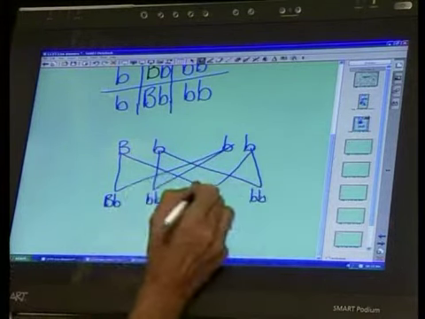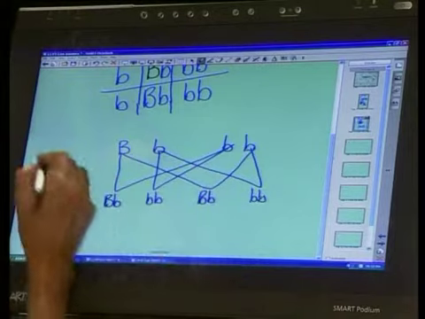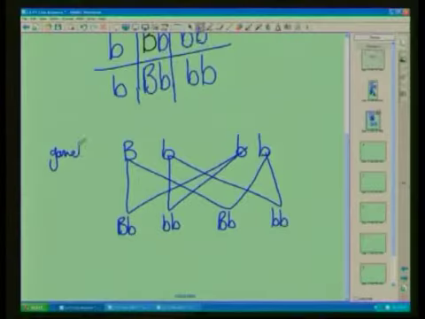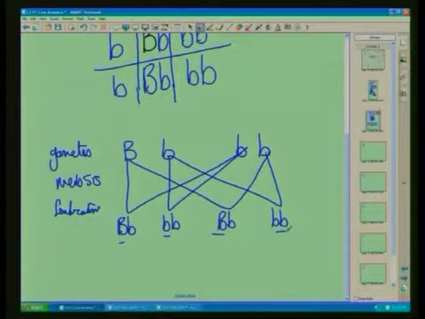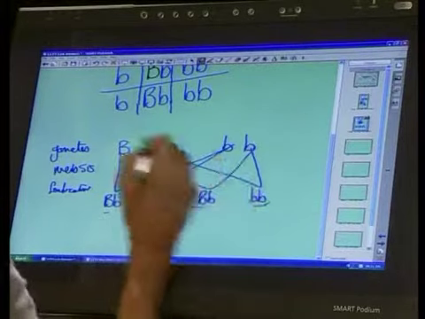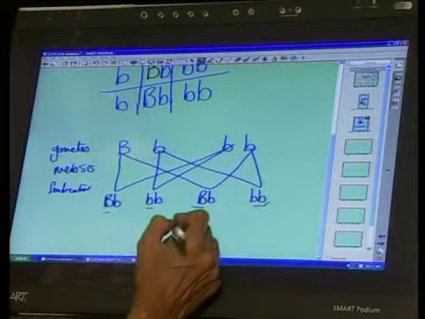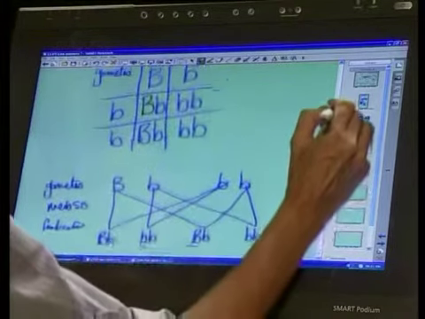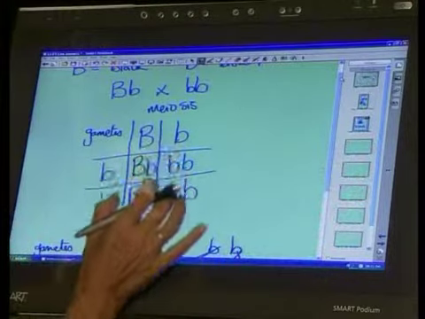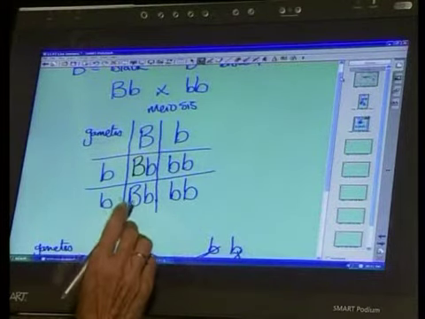You write your gametes here, meiosis occurs, and then fertilization occurs, and these are your offspring or possibilities of offspring. But with all these lines crossing, you could get confused. When you use a Punnett square, it's so much easier because everything's in neat little blocks.